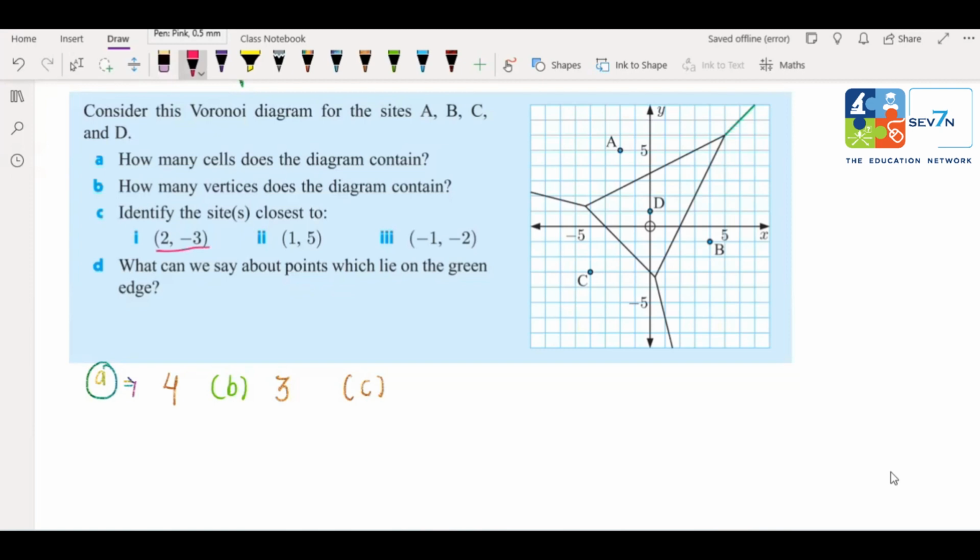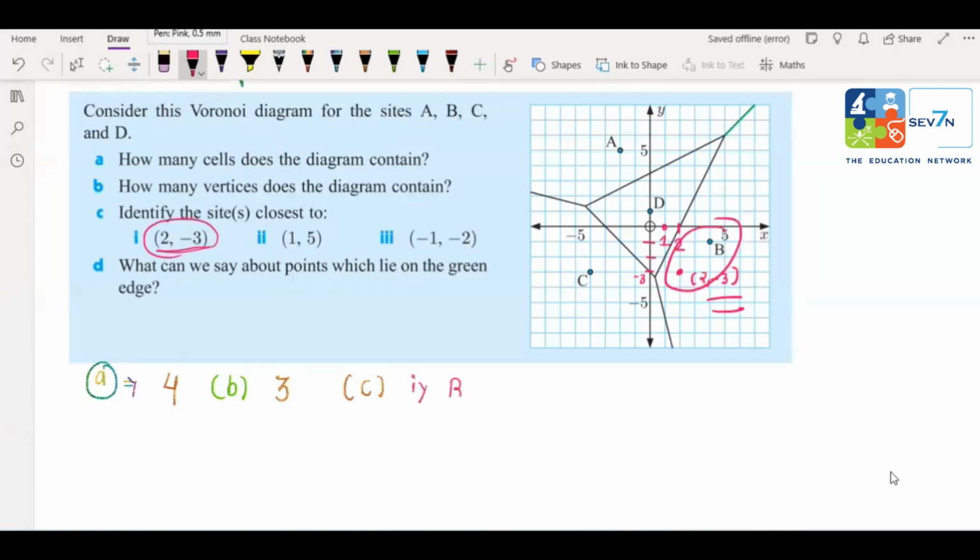I'll tell you one, then you can tell me the other. 2 is on the x-axis, so this is 1 and this is 2. And -3 is on the y-axis. So this point is known as (2, -3), correct? So this point lies near to B, correct?